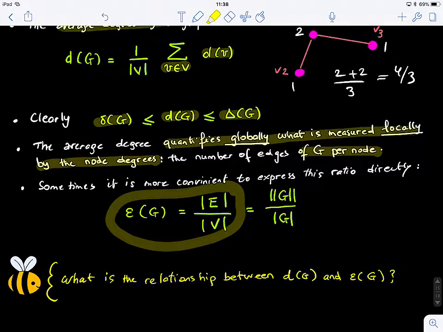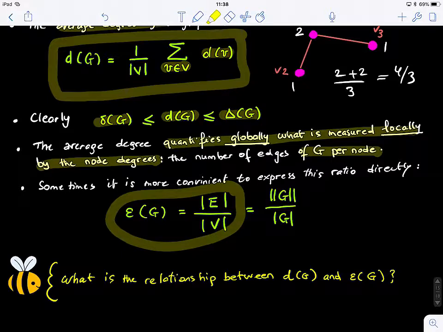So let's look at this question. What is the relationship between the degree of a graph and the epsilon of a graph? You guys have the definitions right here. I will give you 1 minute and you can derive the mathematical formula.